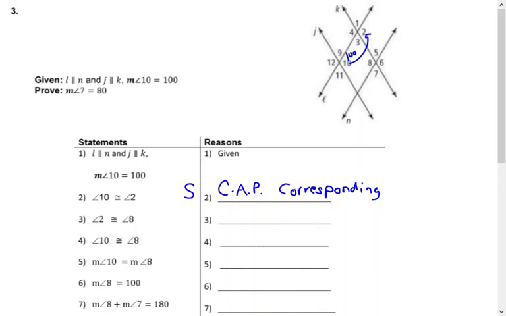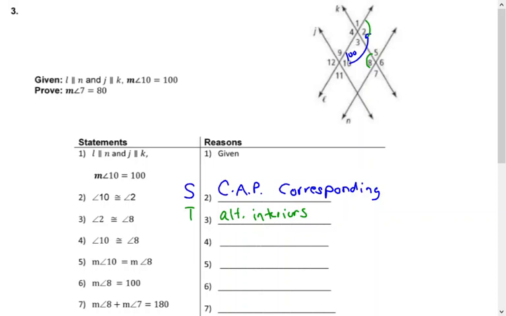Now we want to say that 2 equals 8. We're going to have to look at different parallel lines this time. 2 equals 8 is true because they are alternate interiors. And our reason for that is T. Okay.